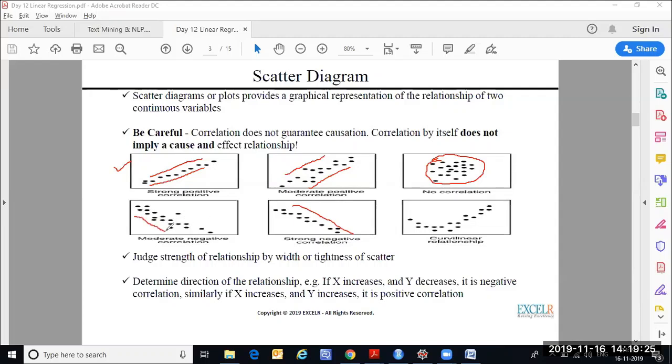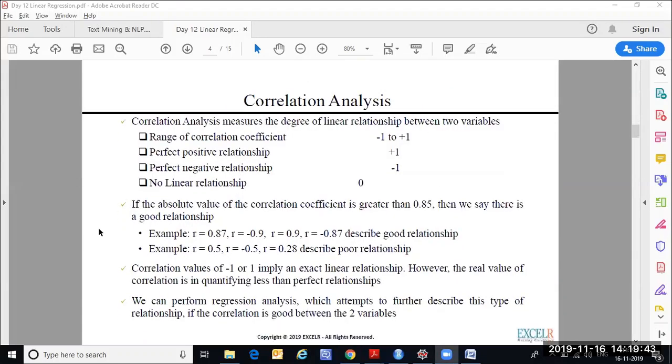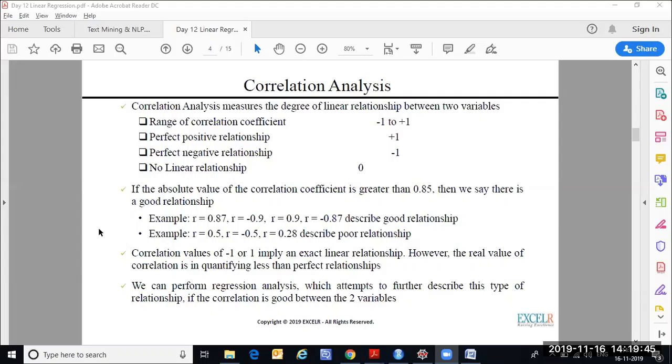By looking at the scatter diagram, it's very difficult to comment on the strength of the relationship. To bring objectivity, that's where we go for the correlation coefficient. The correlation coefficient gives an objective indication of how strongly two variables are related.